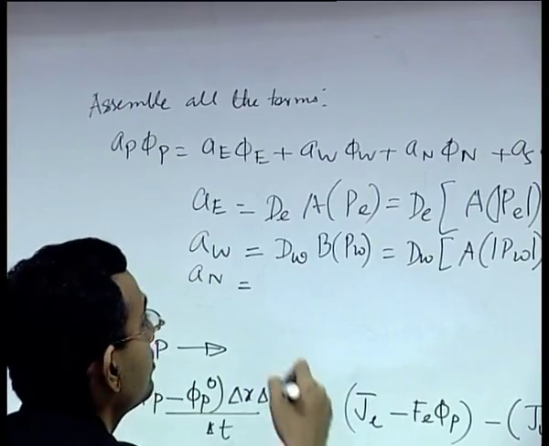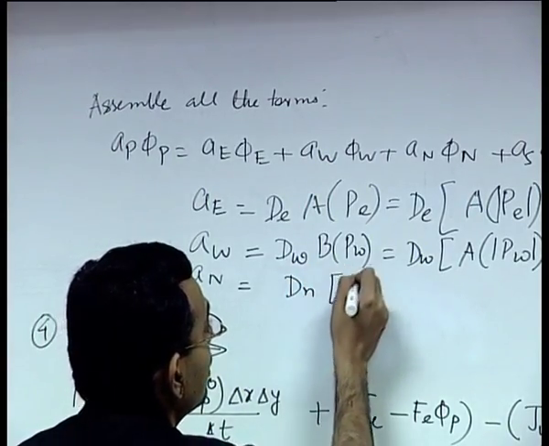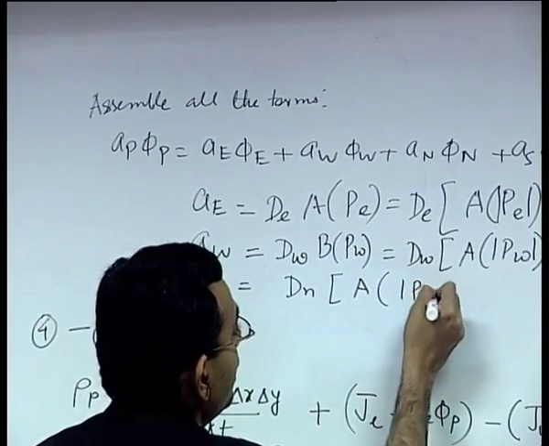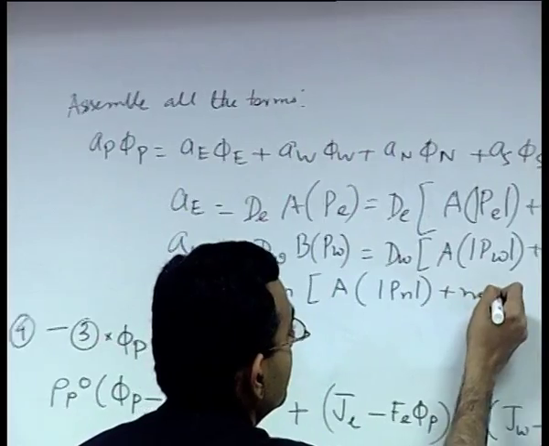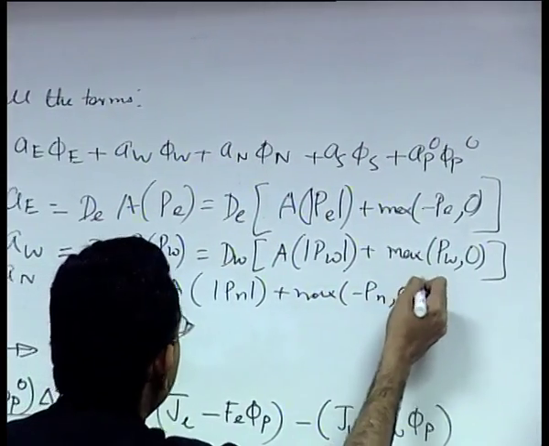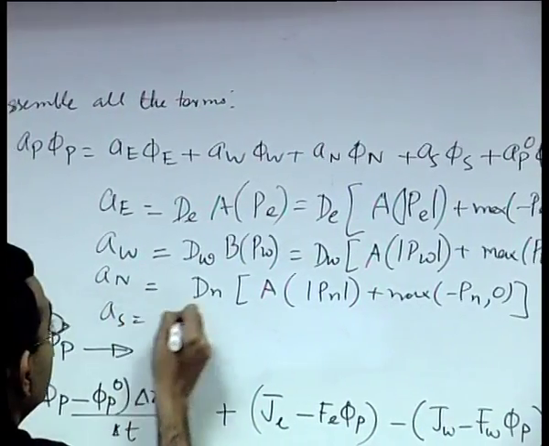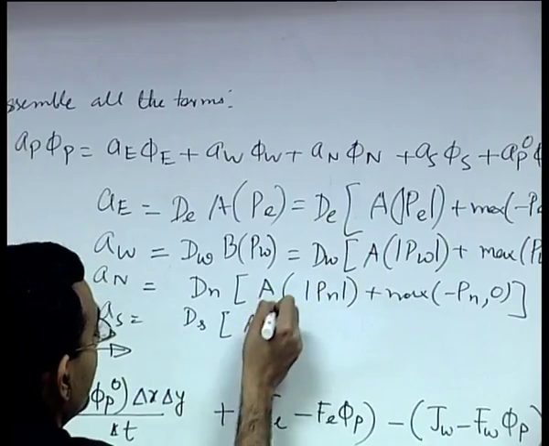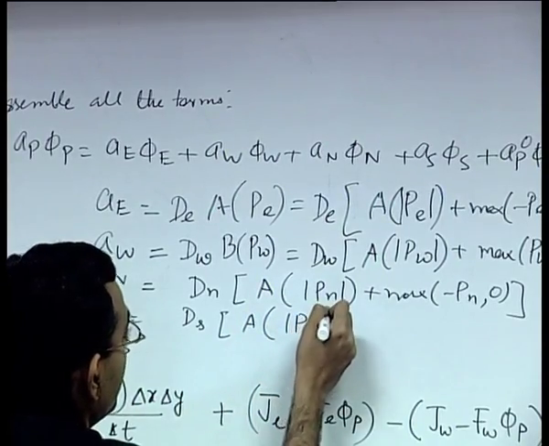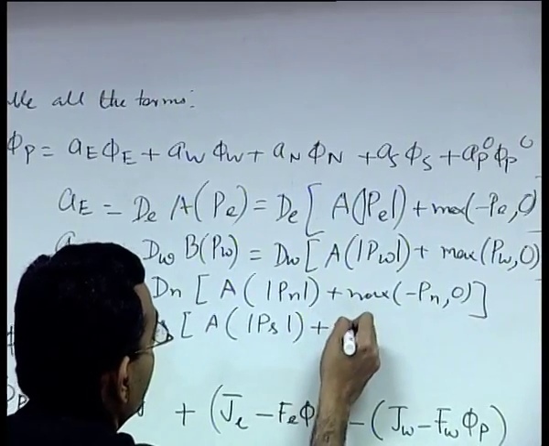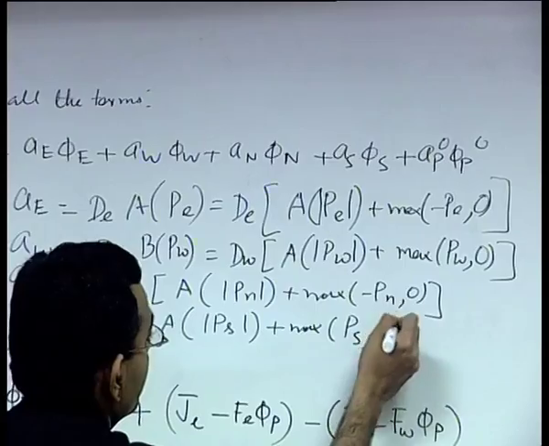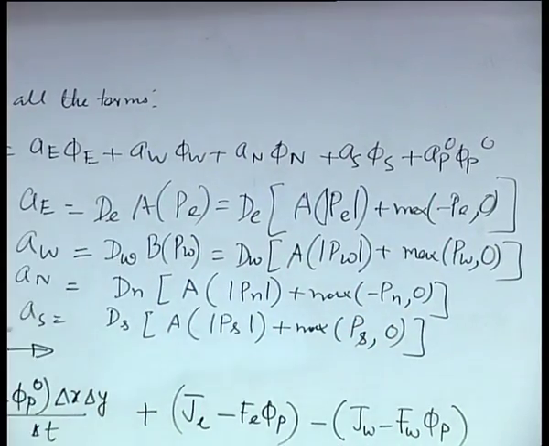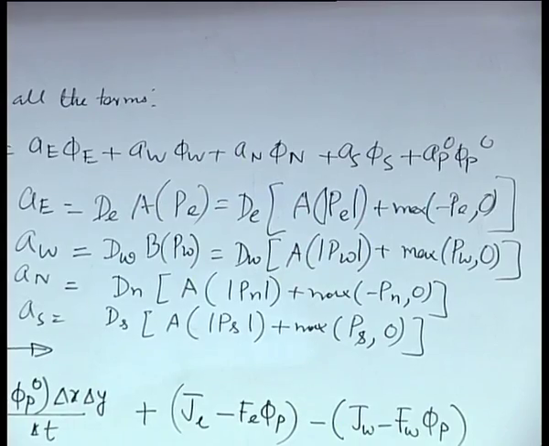AN is DN A of mod Pn plus max minus Pn 0, AS is equal to ds into A of mod Ps plus max Ps 0, where Pn is Peclet number based on delta Yn, Ps is Peclet number based on delta Ys.